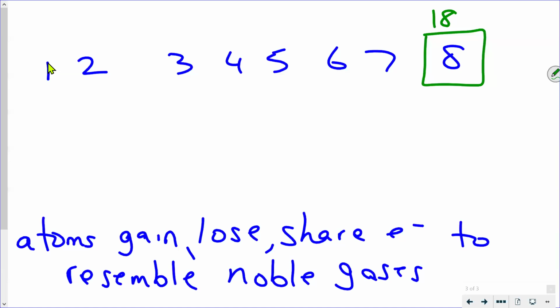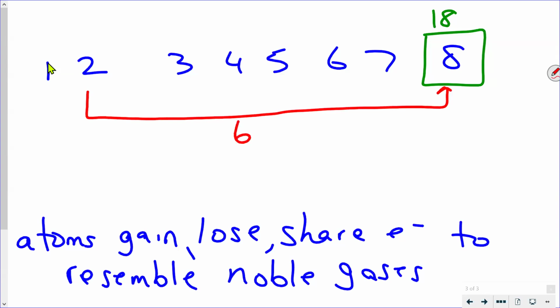With one exception. So when we look at this, we say, okay, if I have 1 or 2 valence electrons, I could go that way. That takes me 6. Or I could just get rid of 2. What's easier to do? Get rid of 2. So valence electrons help me figure out charge, but there's more to that.